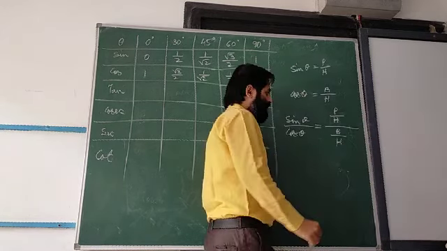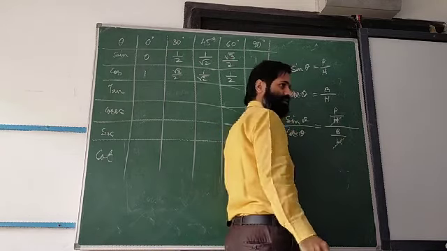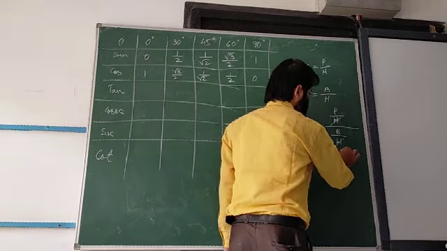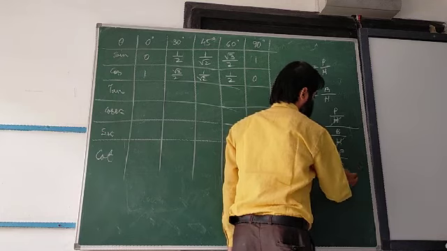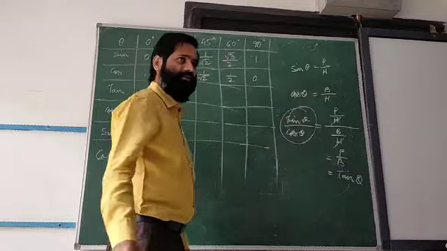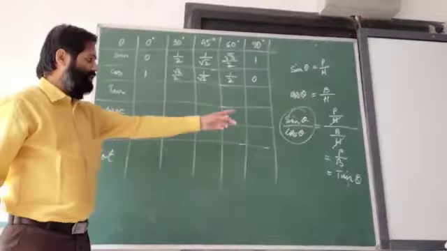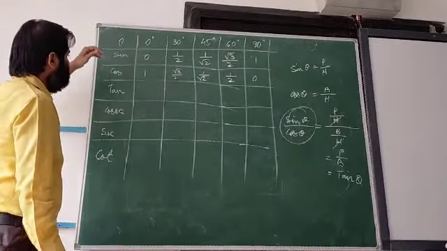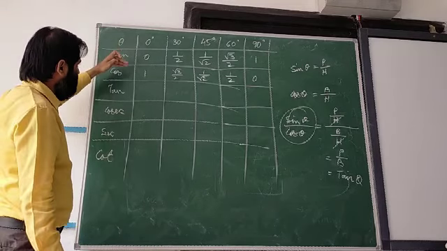Yes. Now this H and this H are cancelled. What we have is P by B. So can we say that tan theta equals sin theta by cos theta? Yes. So tan theta means sin theta by cos theta.